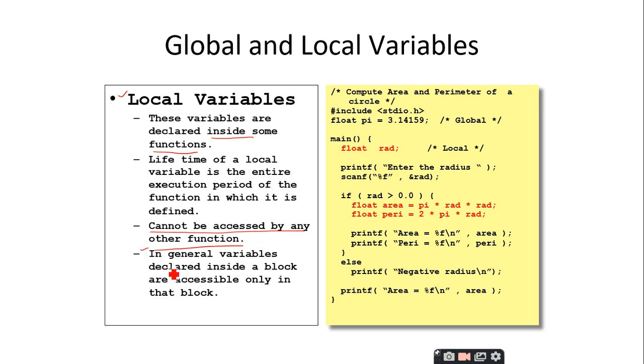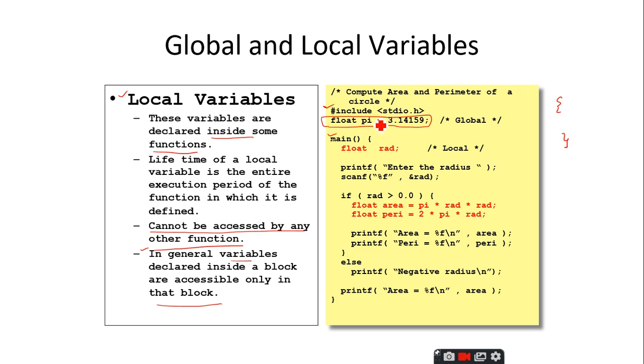In general, the variables declared inside a block are accessible only in that block. Block means from opening curly brace to closing curly brace. Let me take a simple example here. Hash include stdio.h is a preprocessor directive, we know. Coming to main, let us forget about this. This is a global variable here: float pi.